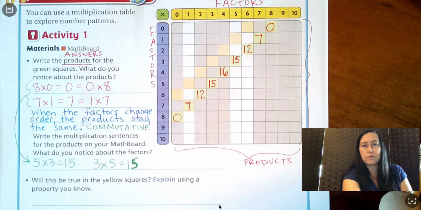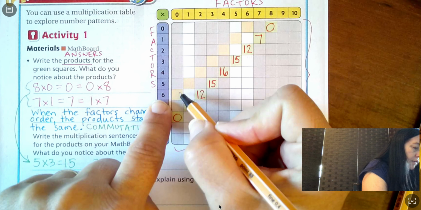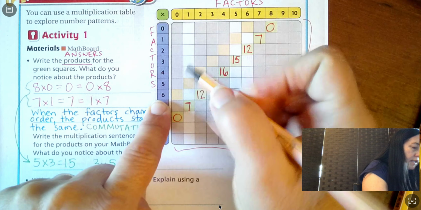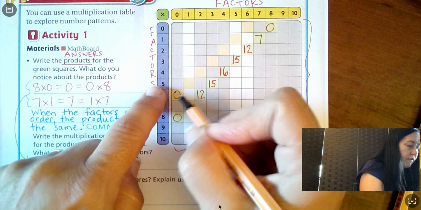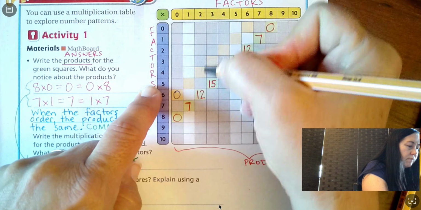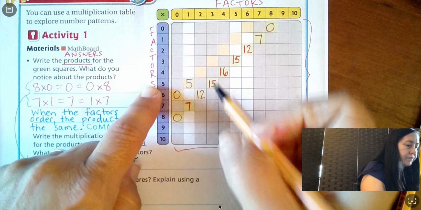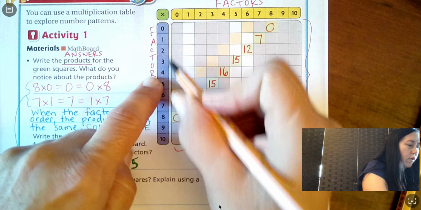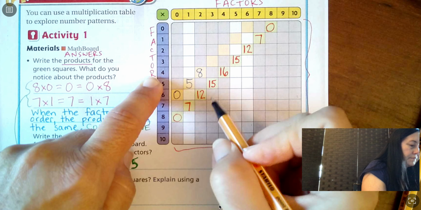And I'm going to use blue for those. All right, so if we're going to fill out this yellow square, 6 times 0 is 0. For this yellow square, 5 times 1 is 5. Now for this yellow square, 4 times 2 is 8.